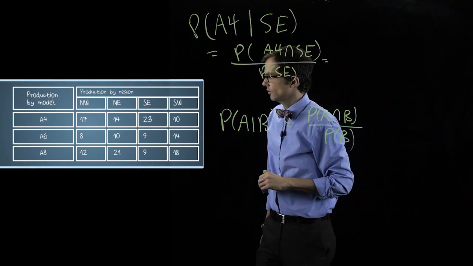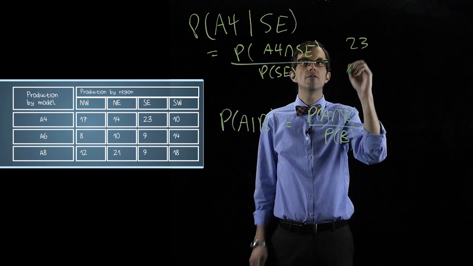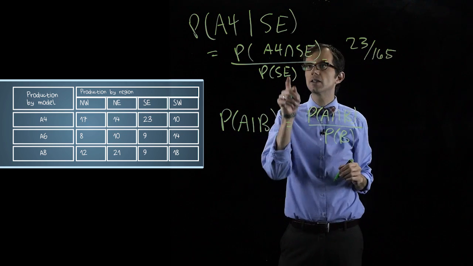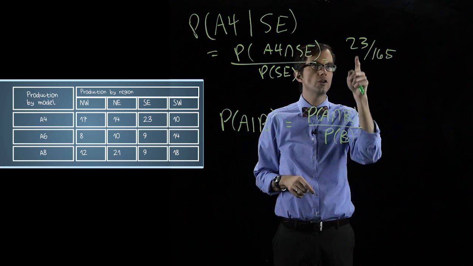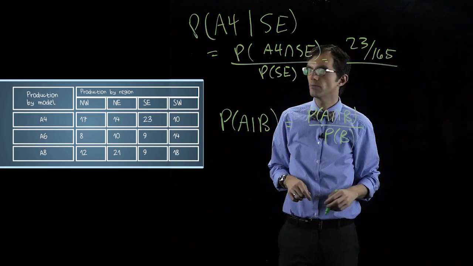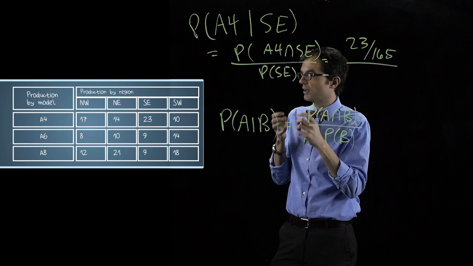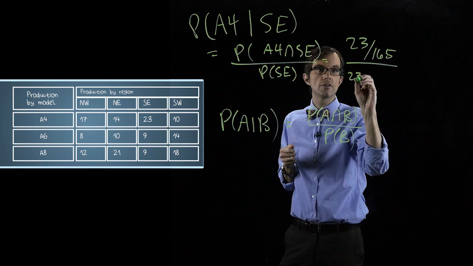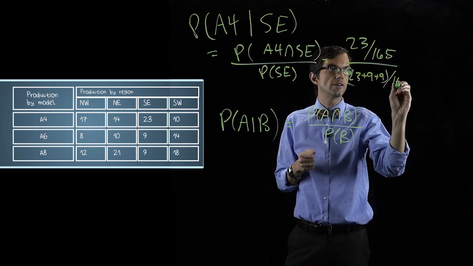Okay, so the probability of A4 intersect southeast, there are 23 of the A4 models that are built in the southeast. So the probability that we get a model that's both A4 and southeast at the same time is 23 out of 165. And the probability that we have a randomly chosen model that was built in the southeast is 23 plus 9 out of 165.